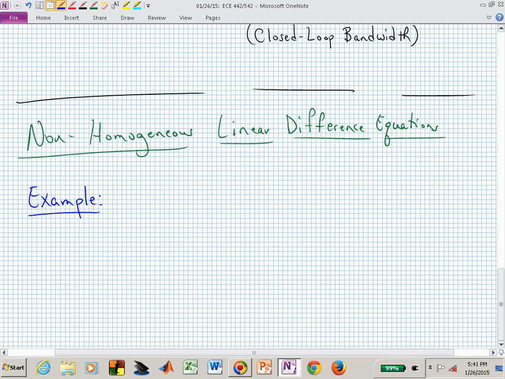And a lot of times it's easiest just to see it via an example. Let's say that we now have a difference equation relating x, our variable of interest, at time n to x one sample period before, and a weighted value of x two samples before.